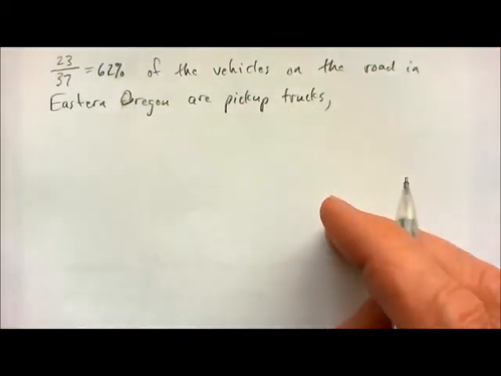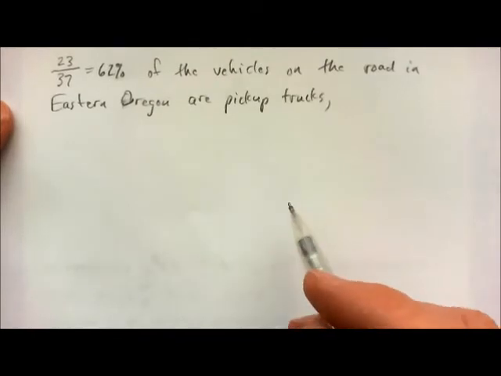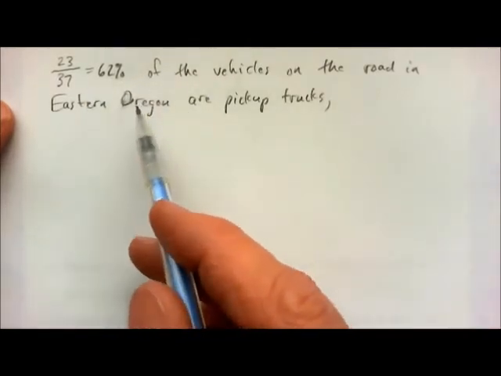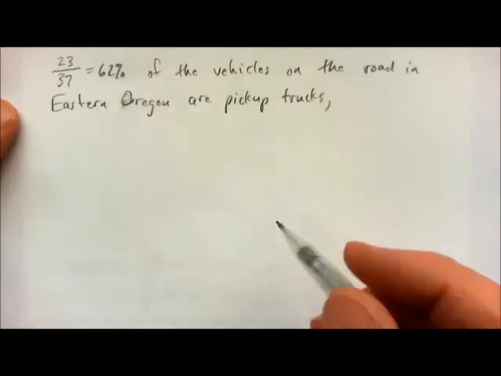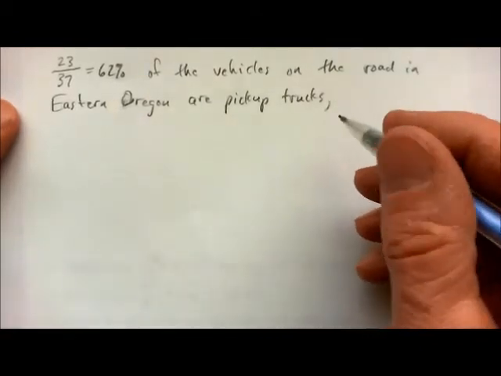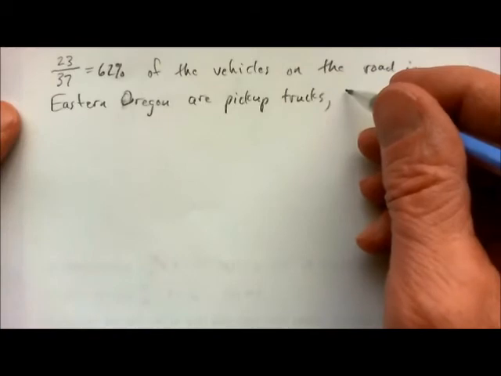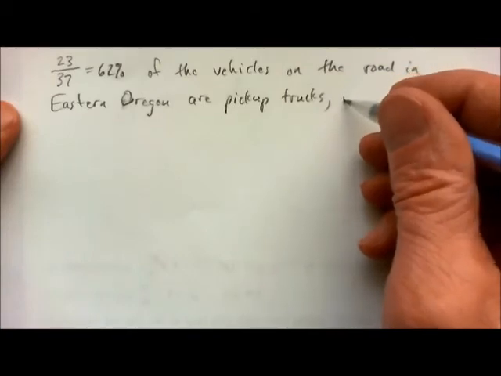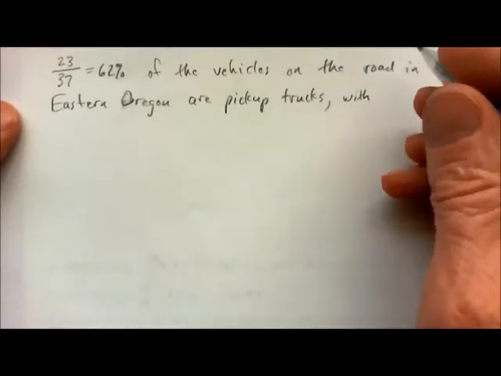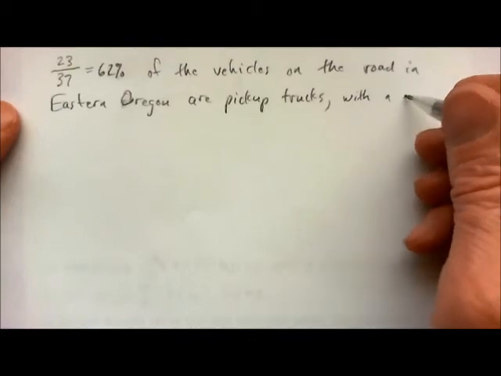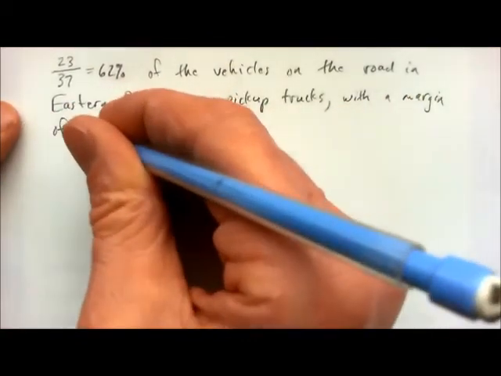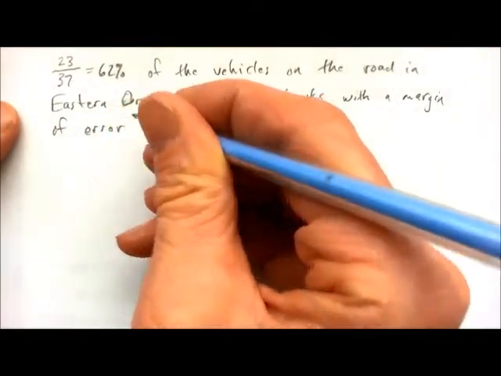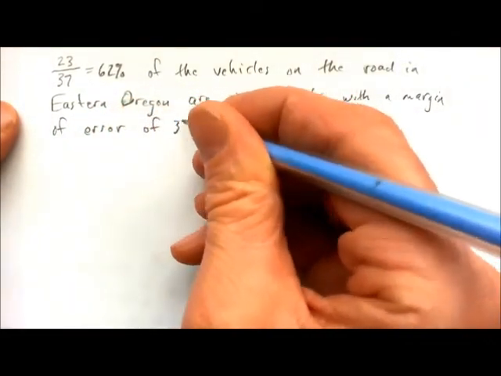And then let's say, we don't know how this happens, but suppose it wasn't just you. Suppose somebody actually is gathering this data and they get that 62%, but they maybe get a margin of error of 3%. So we could say 62% are pickup trucks with a margin of error of 3%. Now, I'm just making those numbers up.